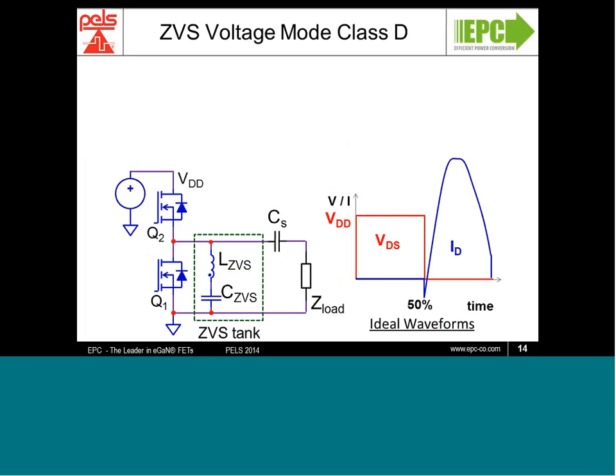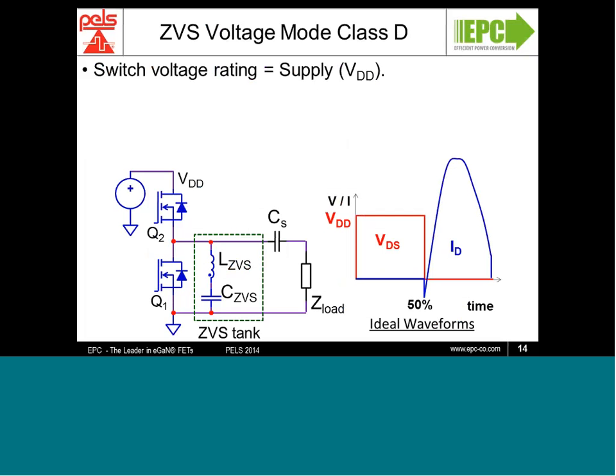This topology differs from the classic voltage mode Class D in that we have a zero voltage switching tank circuit made up of LZVS and CZVS, and that is used to operate as a no-load buck converter and establishes the necessary current in the circuit to allow self-commutation of the switch node voltage between Q1 and Q2 for both switching edges. And this allows the converter to operate with very low losses.